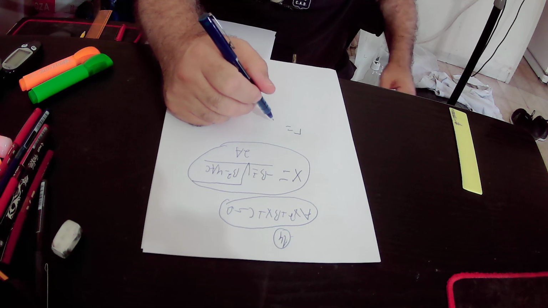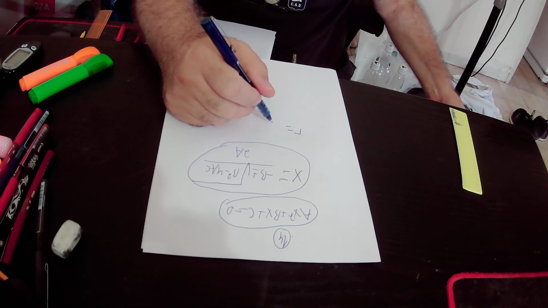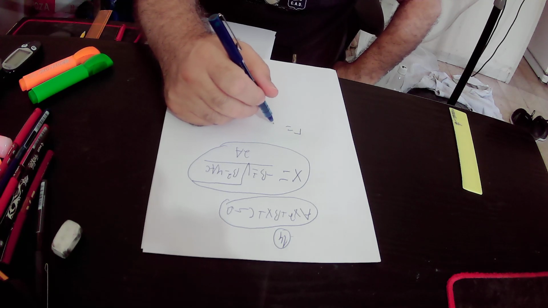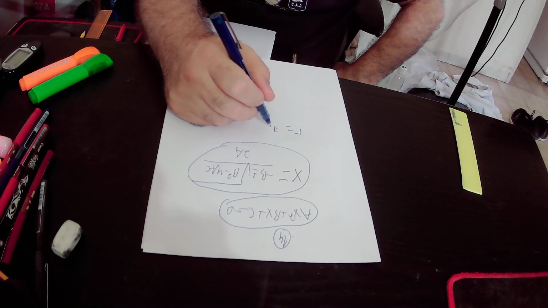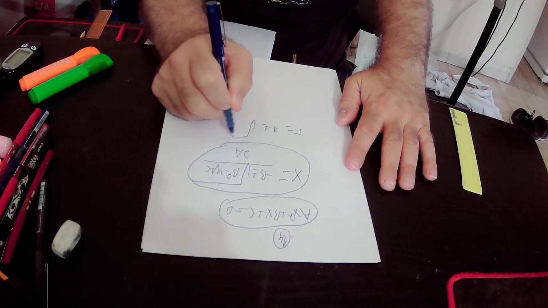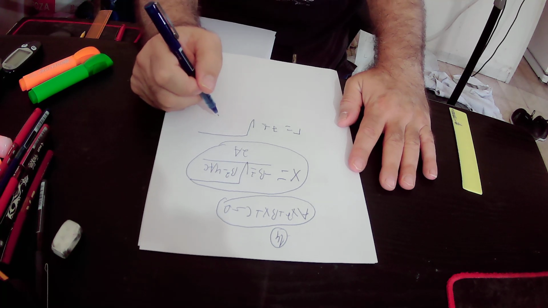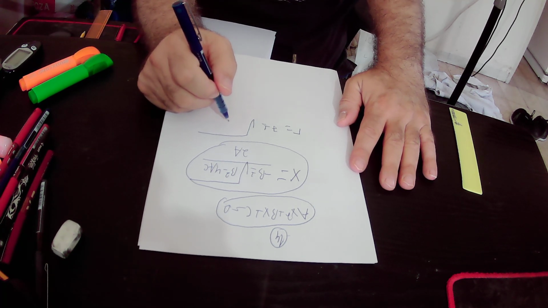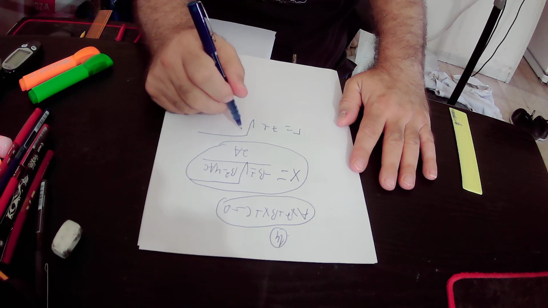We know that b equals minus 7, so minus b is plus 7, plus minus root of b squared. b squared is minus 7 squared, that is 49.